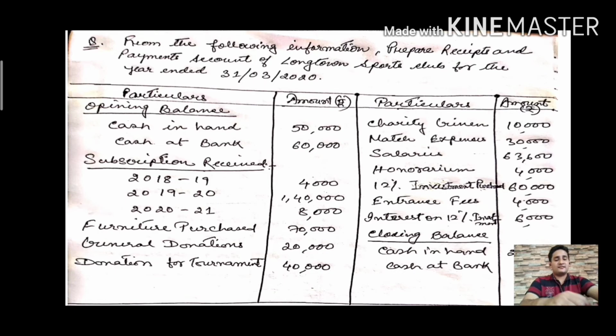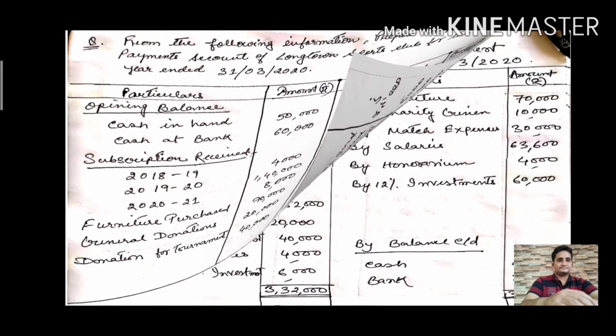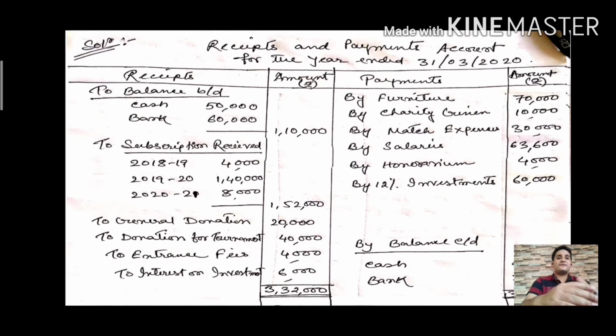So let's do the solution. This is the format. Receipts and payments account for the year ended 31st March 2020. Under the receipt side, to balance b/d: cash in hand 50,000, bank 60,000, so total 1,10,000.